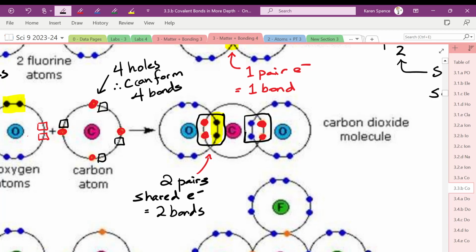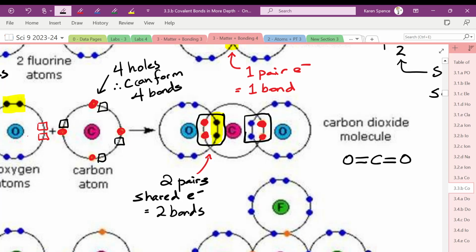So if we were to draw a carbon dioxide molecule, we would put the carbon in the middle. We would put an oxygen on either side. And what would we attach the oxygens to the carbon with? 2 lines.